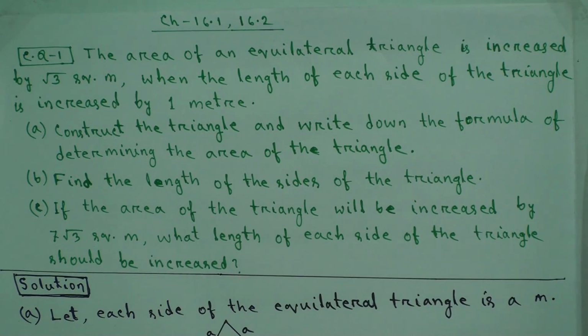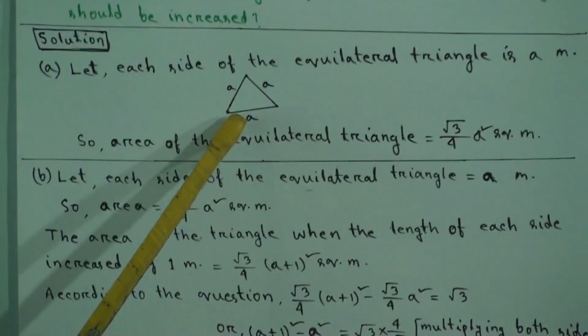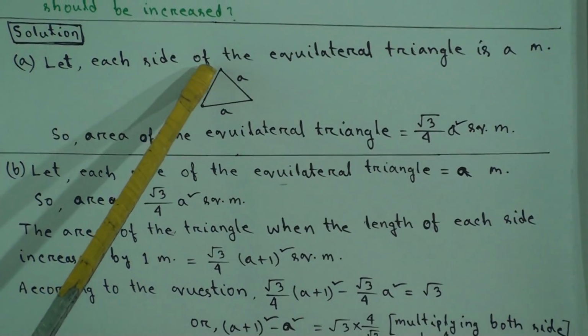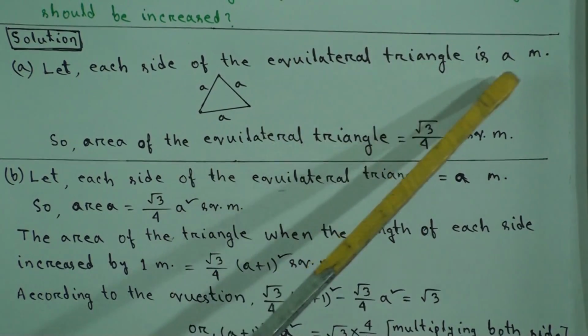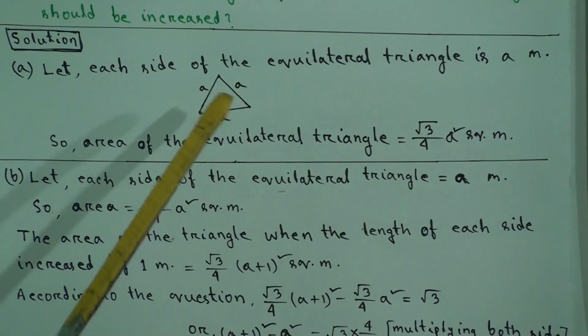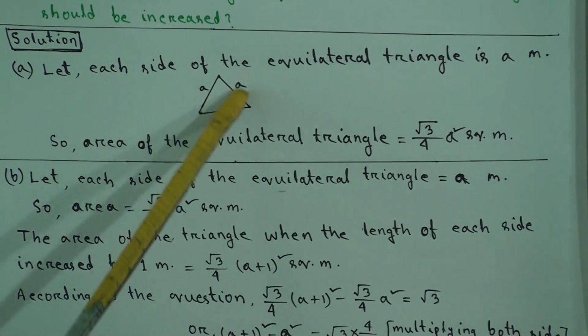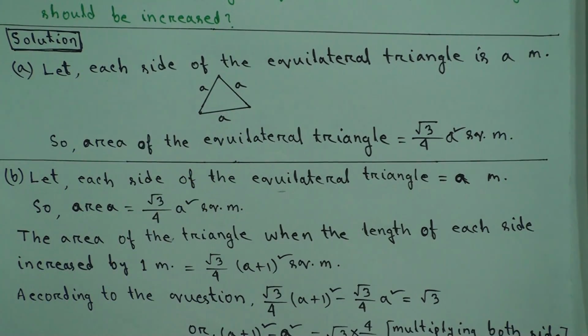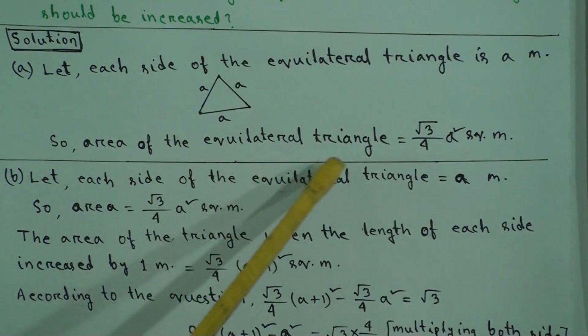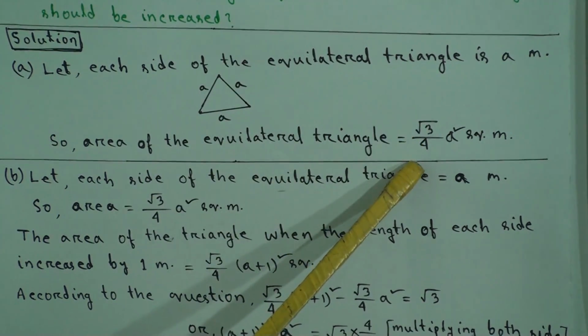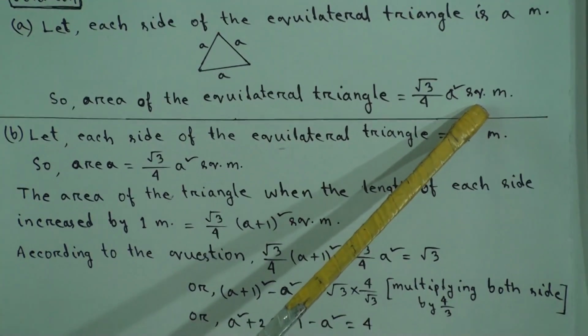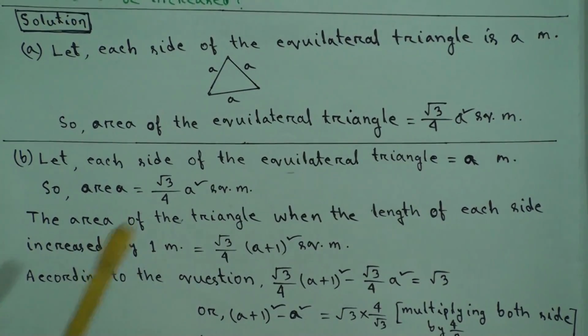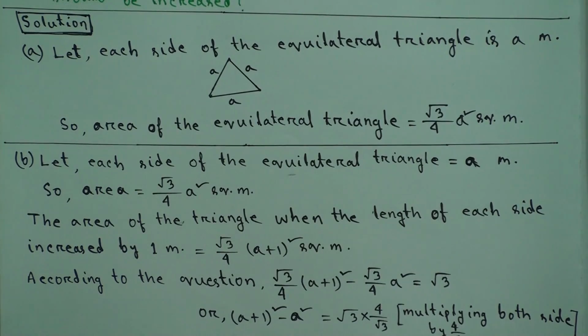So we have to draw a triangle in which all sides are the same. Let each side of the equilateral triangle be a meter. So this side is a meter, this side is a meter, and this side is also a meter. And we know that the formula for finding the area of an equilateral triangle is √3/4 a squared meter. Okay, dear students, you have to memorize the formula.